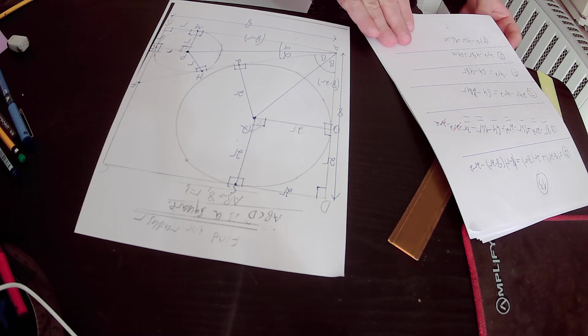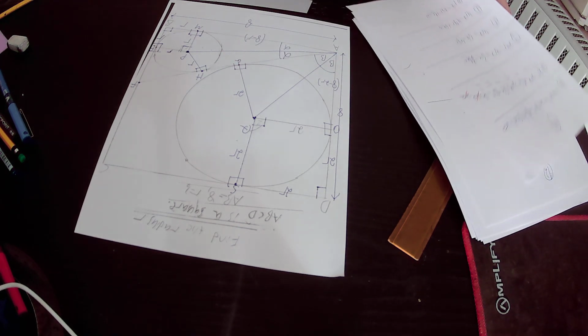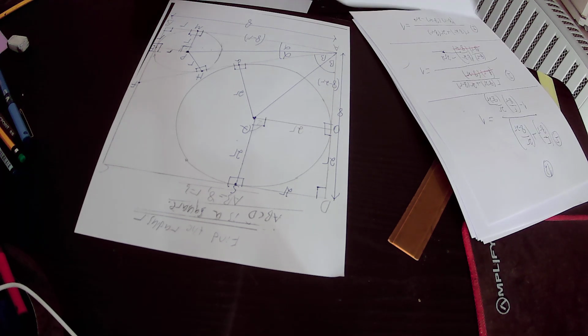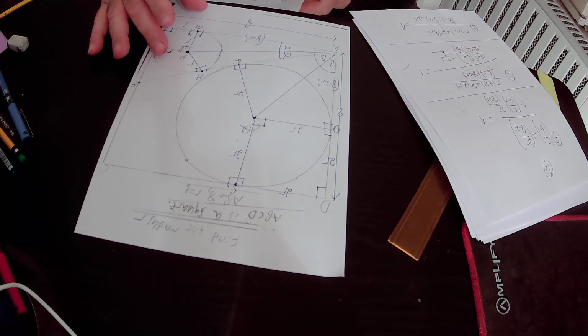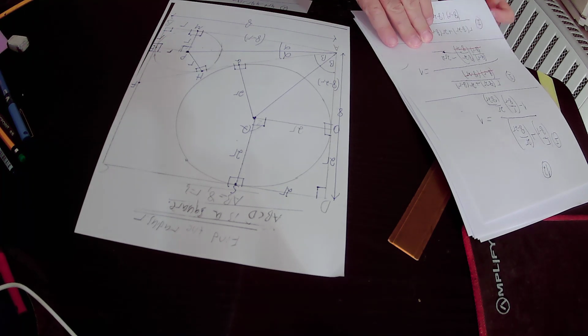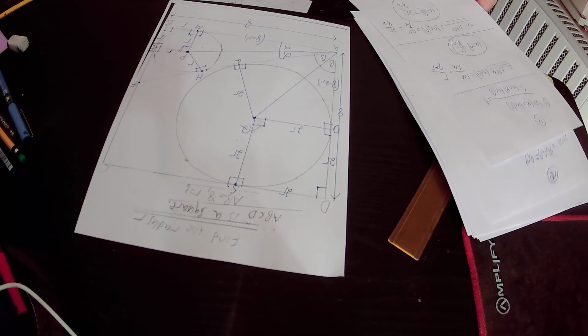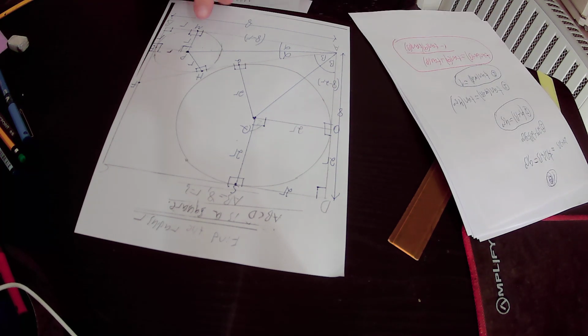The radius of this big circle equals 2R, while the radius of this small circle equals R. And we want to find the value of R.